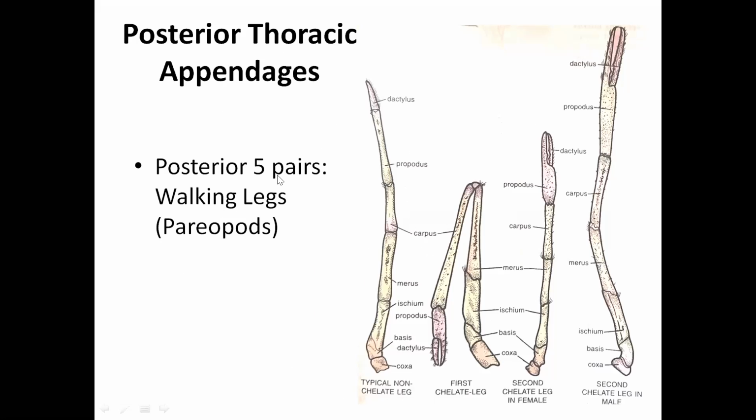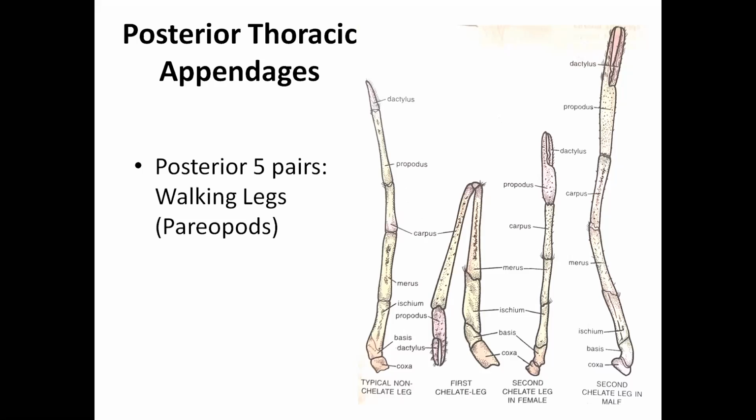So this is basically the 5 posterior pairs of thoracic appendages, also known as the periopods or walking legs. As I have told, sexual dimorphism is a very typical character of crustacea. Sexual dimorphism means the male and female of the same species have some distinct morphological features, means they are individuals of the same species but they have some different morphology.